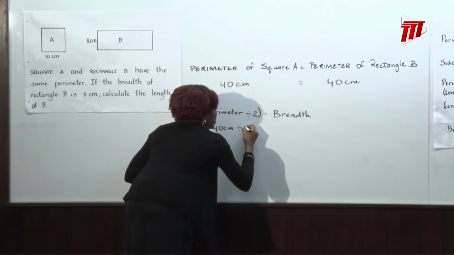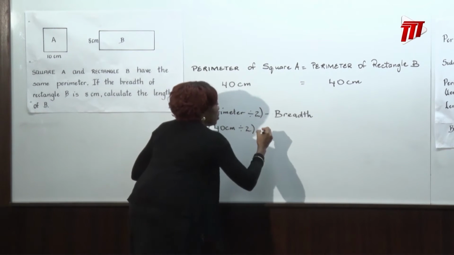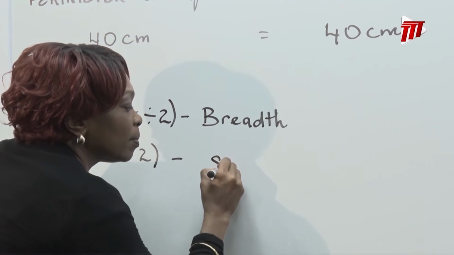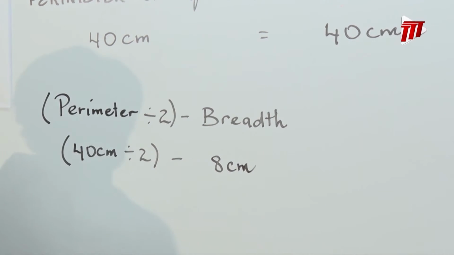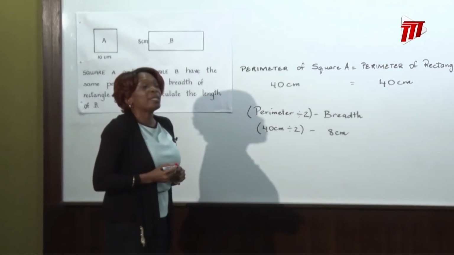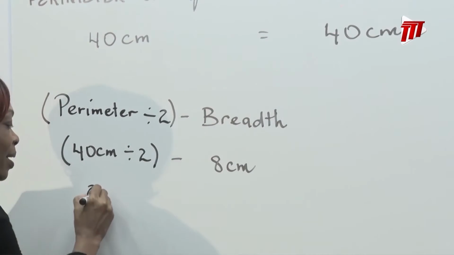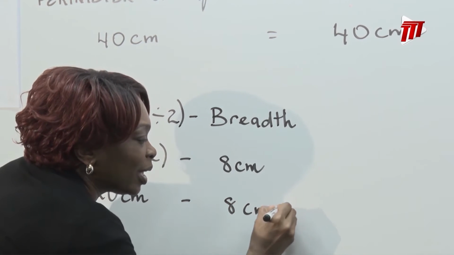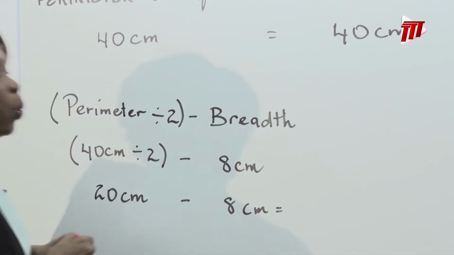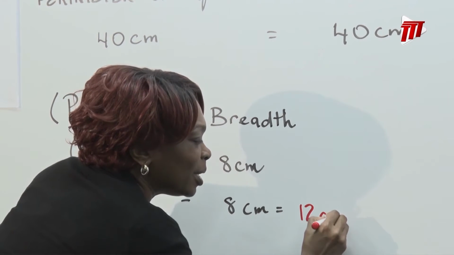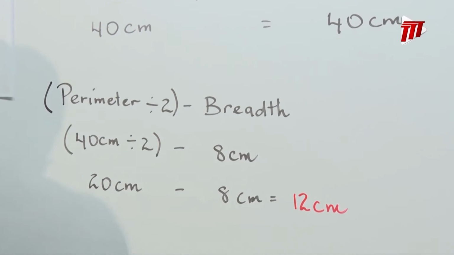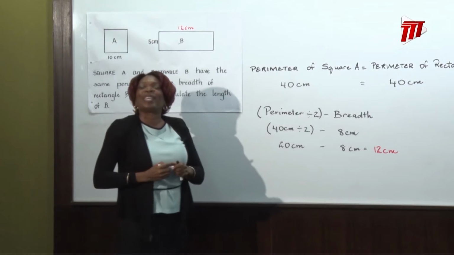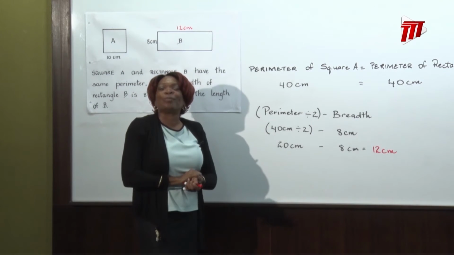So we can say 40 centimeters divided by 2, and then we're going to take away the measurement for the breadth, 8 centimeters. Are you seeing it, children? Can we go further? 40 centimeters divided by 2 will give us what? 20 centimeters. 20 centimeters take away 8 centimeters will give us what, children? 12 centimeters. So in truth and in fact, the missing length is 12 centimeters. Well done, children.